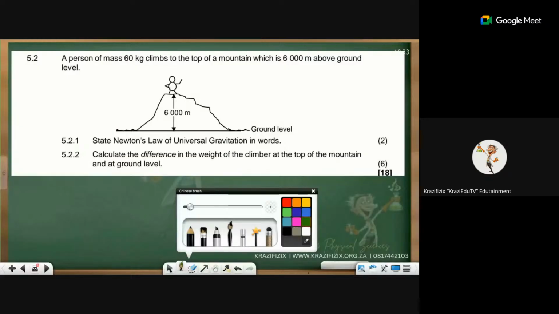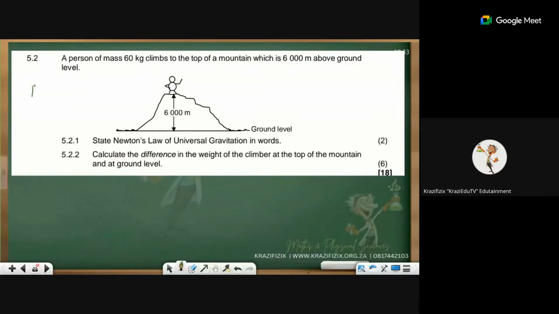Do you know this formula? Do you know that this force there is weight? That's weight.